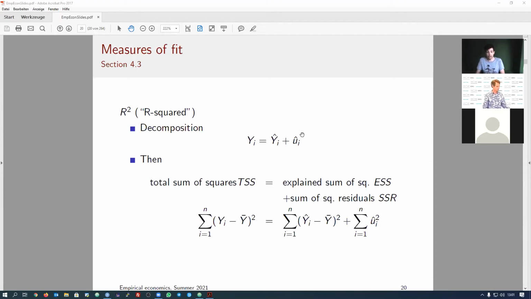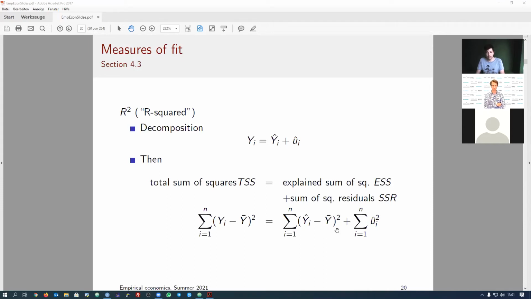What we can do now is look at the variation, so the variance, but not standardized by the sample size, of our observed values: the sum of the squared differences of our observed values from the mean value. And we can decompose that as well into the sum of the squared deviations of the predicted values from our average observation.